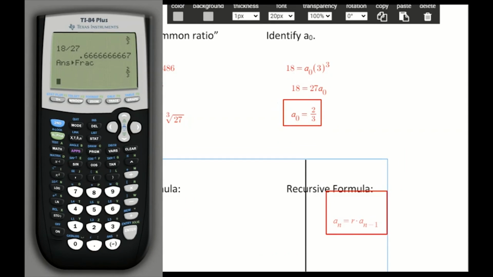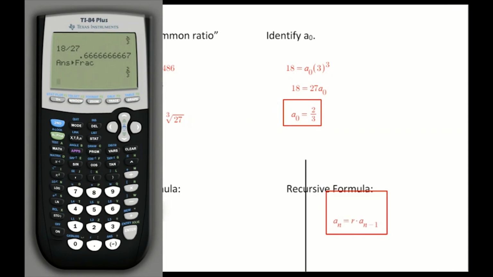We're going to have to move these around. That's no big deal. Okay, so our seed value, or a sub 0, is going to be 2/3. My common ratio is going to be 3, so here we go.